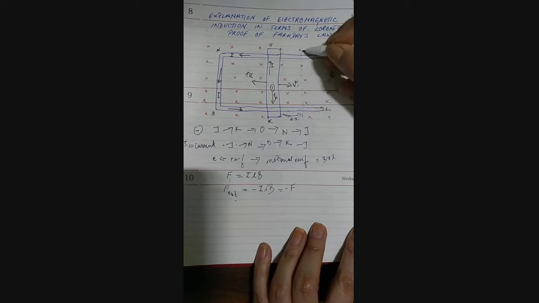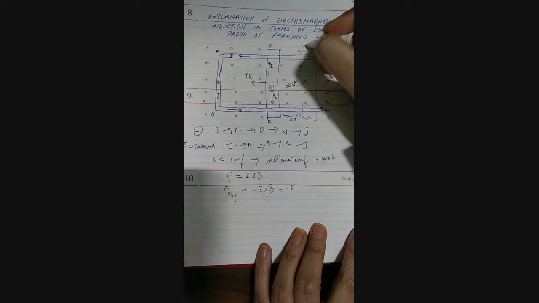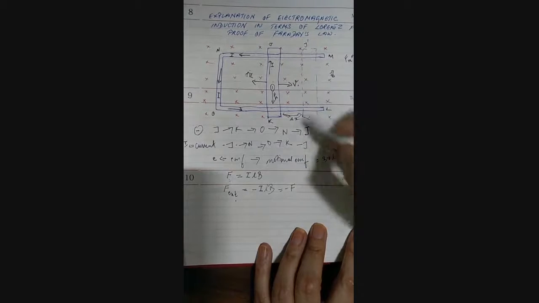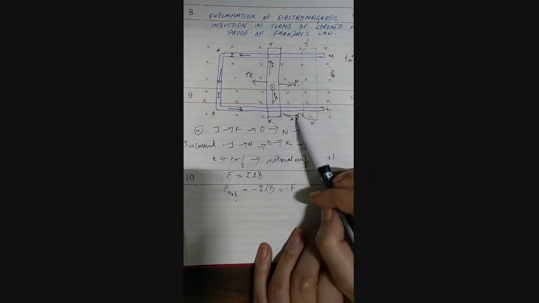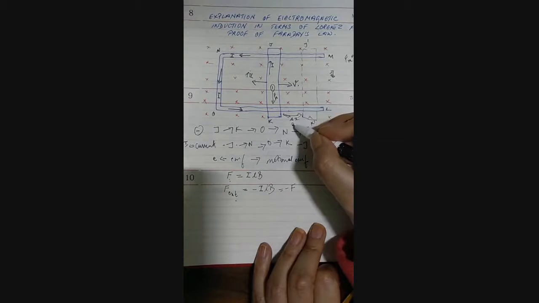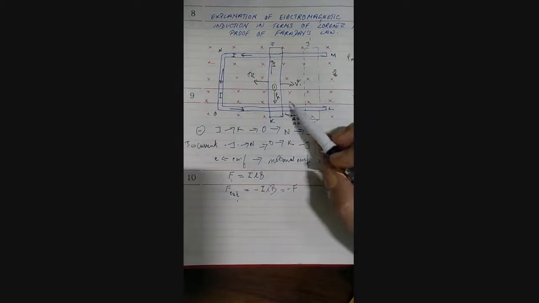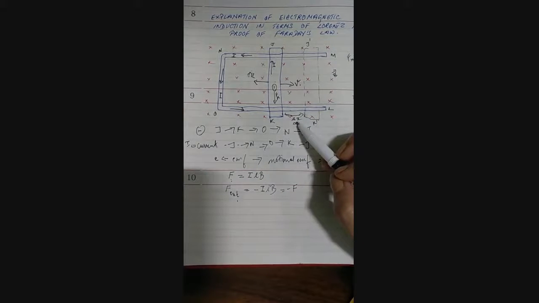Now the rod will be somewhere here. This position of the rod is J dash K dash, displaced by a small displacement del x in the time del t.